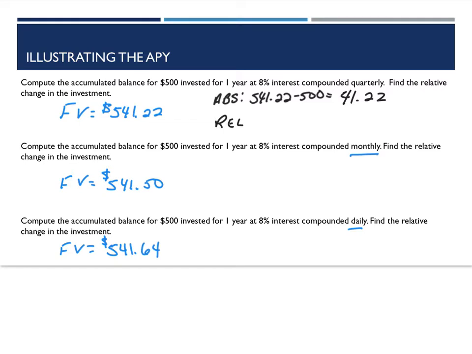Relative change: 41.22 divided by the 500 is 8.24%.